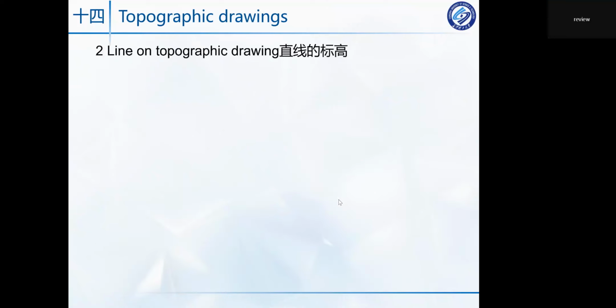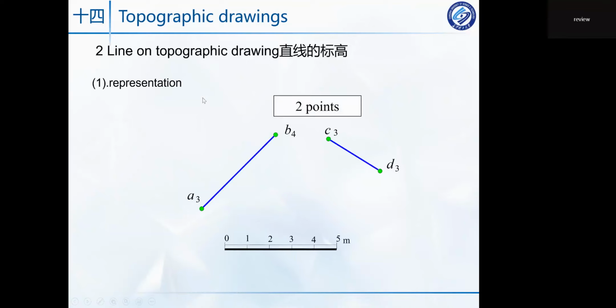Okay, so that is the elevation of the point, and the next one is the line. It's obvious that when we connect 2 points, we can get a line in three-dimensional space. So we can connect point A and point B with a line, the blue line you can see.